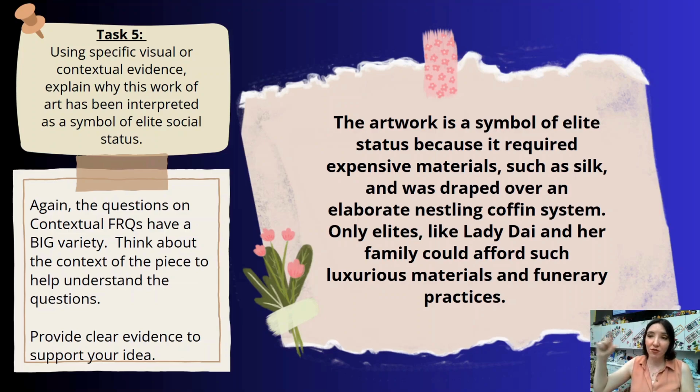So I wasn't confident about my first sentence being strong enough to say why it was social status. So I backed it up saying, well, of course, those materials being expensive is for the elite because they are luxurious. They're expensive. So only those kinds of people could afford it. So that's an example. Again, when it says explain or why, dive deep and really explain why. Keep diving into the why.